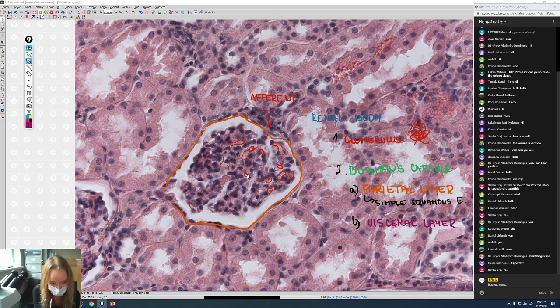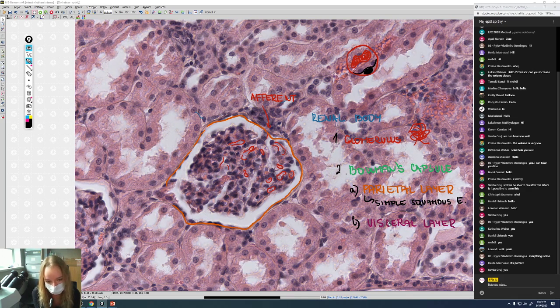This is the capillary, and this is an erythrocyte in the capillary. The capillary itself is going to have some endothelial cell protruding into the capillary. This is the nucleus of the endothelial cell protruding into the capillary.